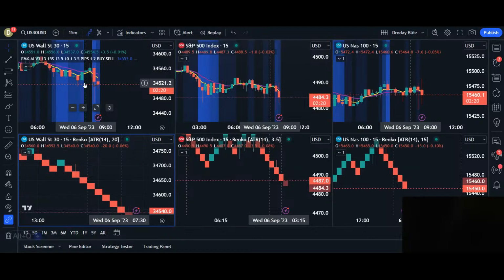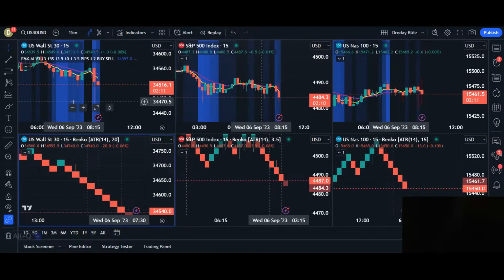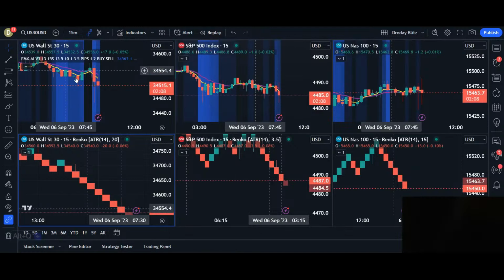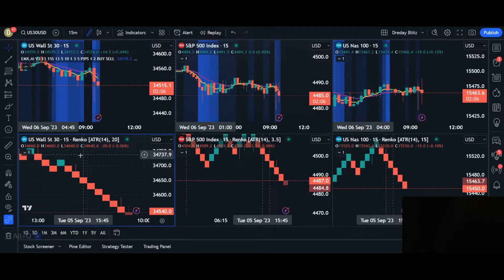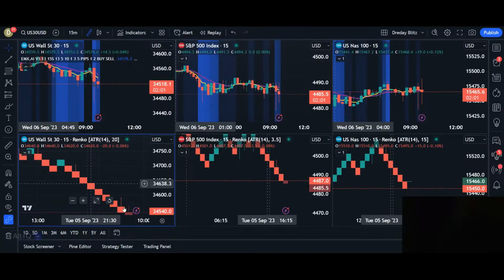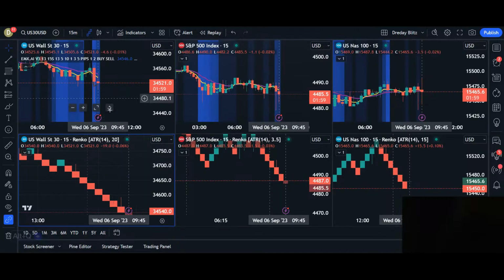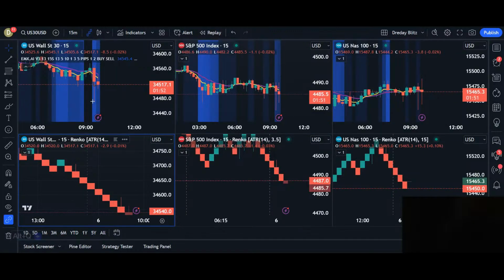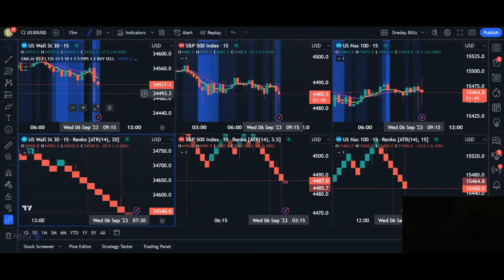But sometimes I could look at the 1 hour. If I want to hold on to my trade longer, I could look at the 1 hour chart and exit off of the 1 hour Renko bar chart. That way I'm holding on to the trade longer than off of the 15-minute, because if you're trading off of the 15-minute, you're scalping the market overall.